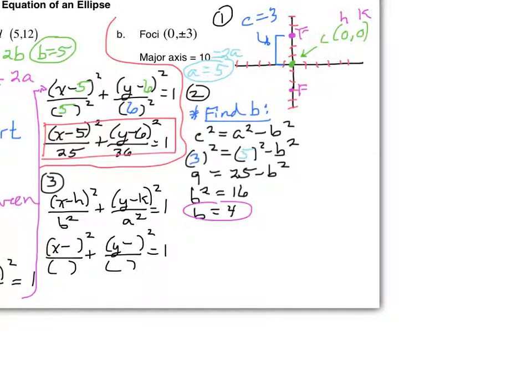So I know that my center is 0, 0 for h and k. I know that a is 5. And I just found b is 4.